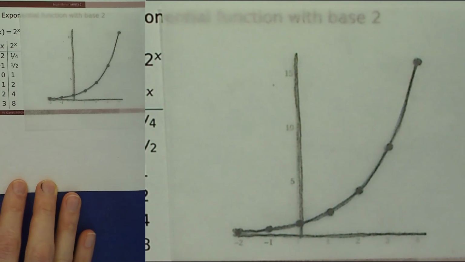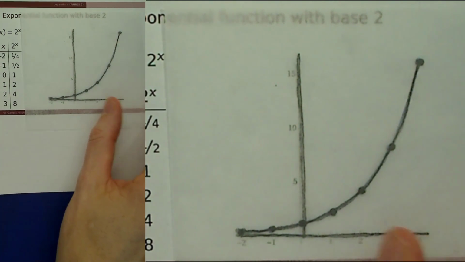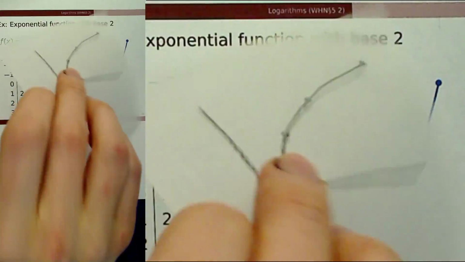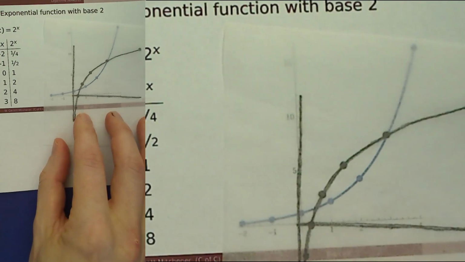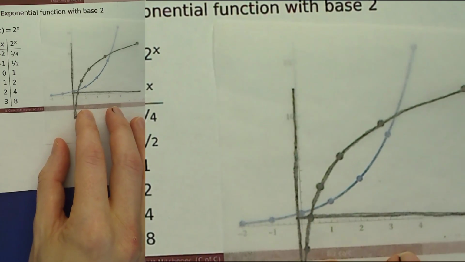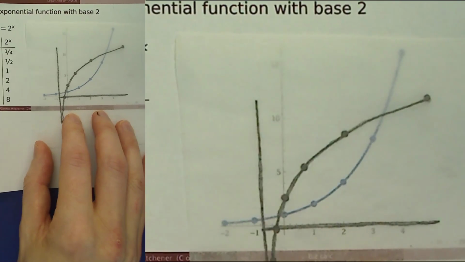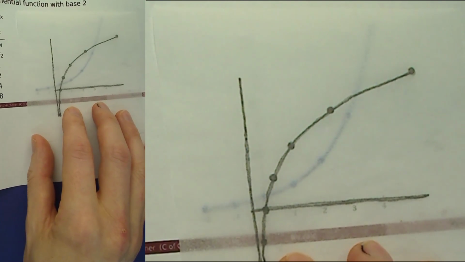I've copied my slide onto a piece of paper, and I've traced the graph on a piece of tracing paper, and I'm going to flip it over. I have interchanged the roles of the axes. I have flipped the graph of the function over the line at 45 degrees, and you can see now this graph is the graph of the inverse of the function 2 to the x.